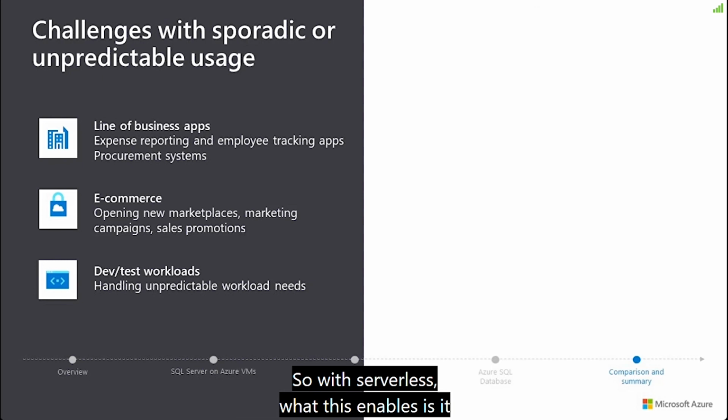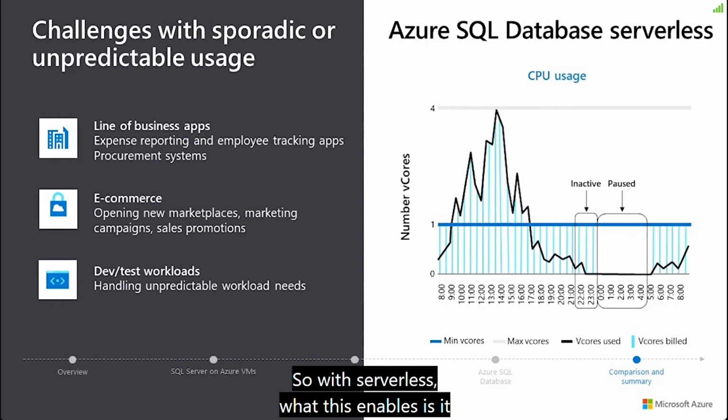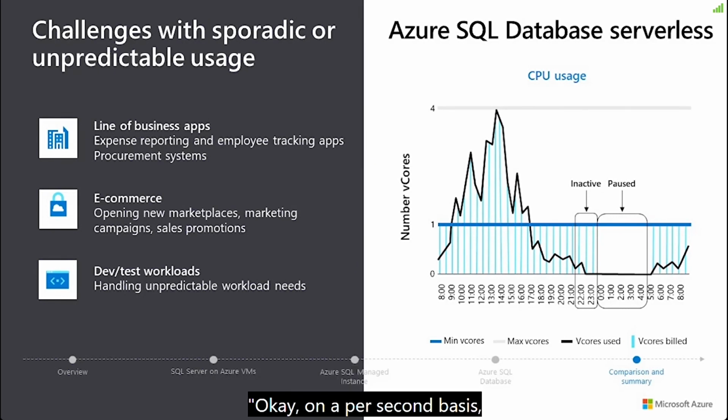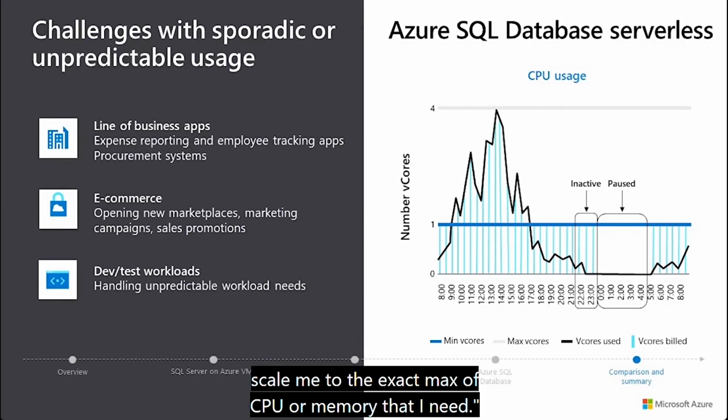So with serverless, what this enables is it enables this application to basically set a min and a max number of vCores and say, okay, on a per second basis, while I'm using this, scale me to the exact max of CPU or memory that I need.